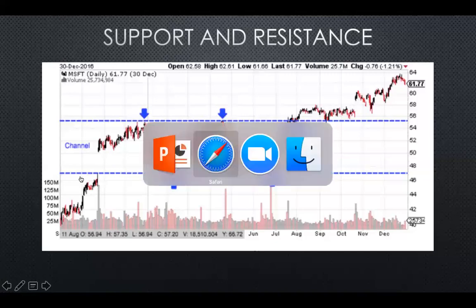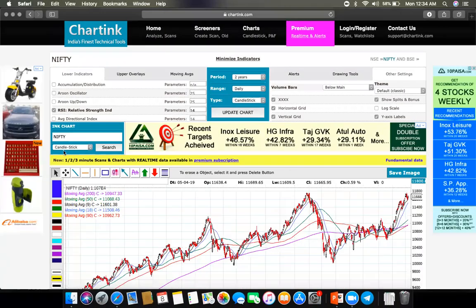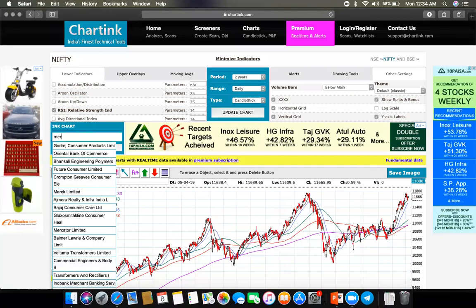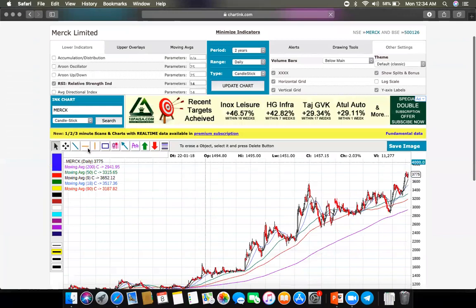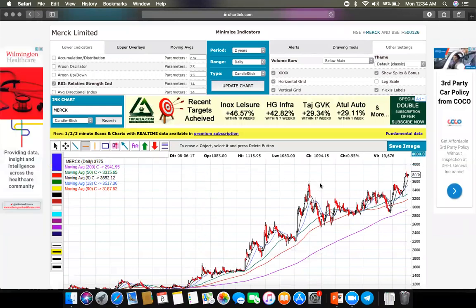Let's take a few examples. We'll take an example of Merck, wherein we need to join the tops of the candlestick. So as we can see, this was a point and this was another point. So it acted as a resistance, right?